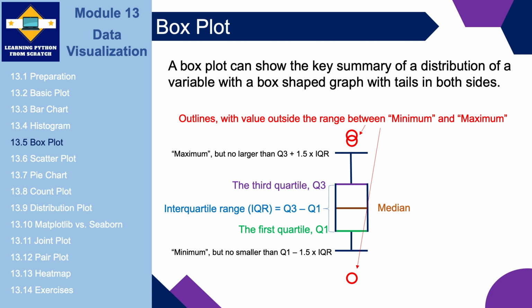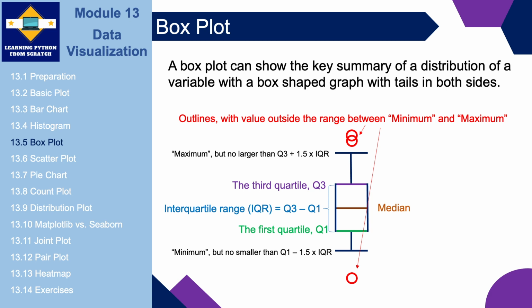Fifth, minimum but no smaller than Q1 minus 1.5 times IQR. Sixth, maximum but no larger than Q3 plus 1.5 times IQR. And lastly, outliers with values outside the range between minimum and maximum.